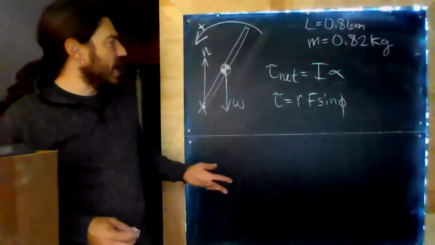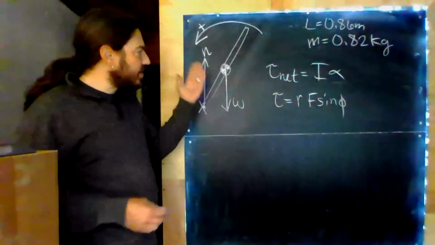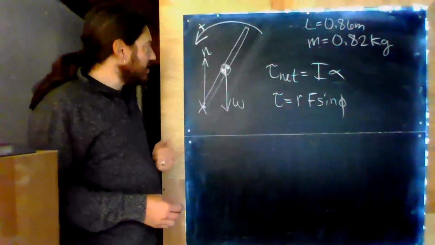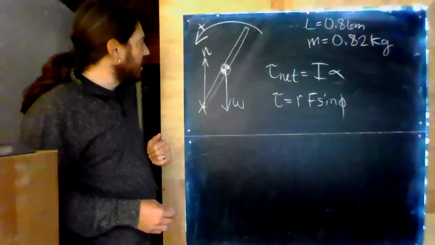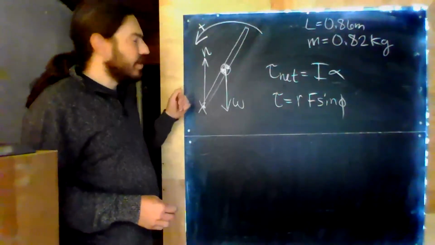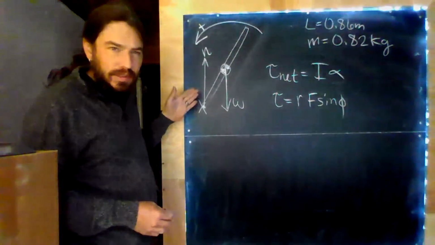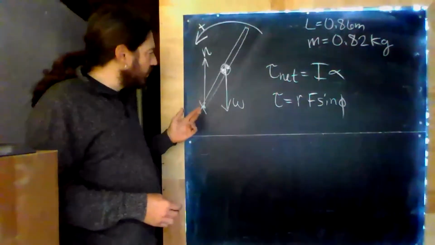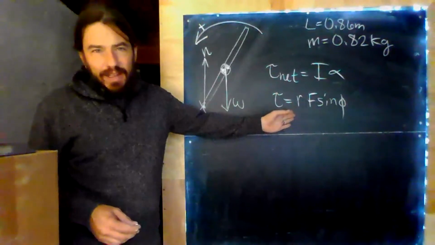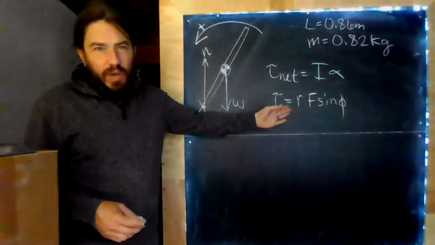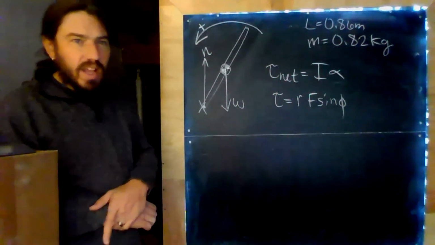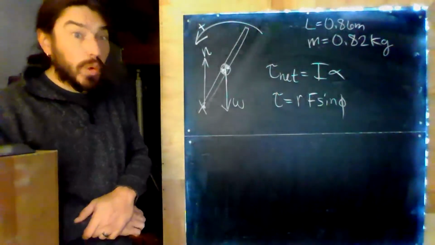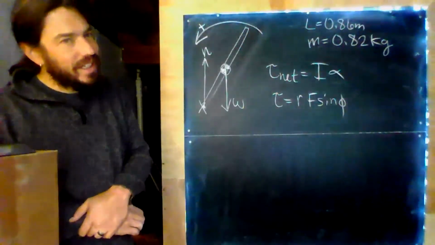Okay, so let's just go ahead and do this. I see two different forces here, and let's start with the normal force. Well, the normal force. What does R mean in this equation? Many of you just thought in your brain, the radius. You're not wrong.